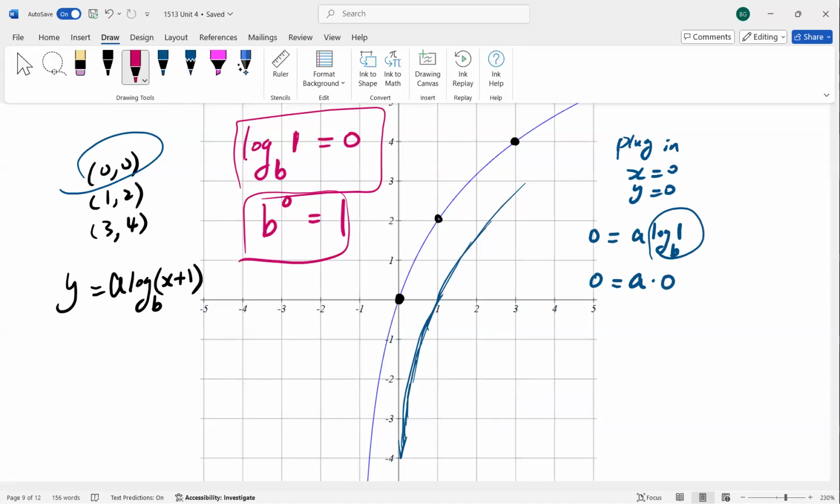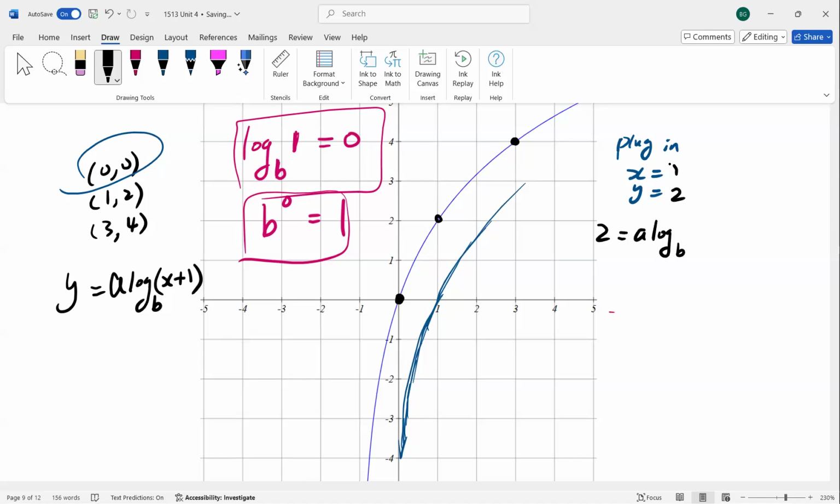So that actually doesn't help anything. So 0, 0 doesn't really help. Let's try 1, 2 though. When x is 1, y is 2, and we have 2 equals a log with base b.